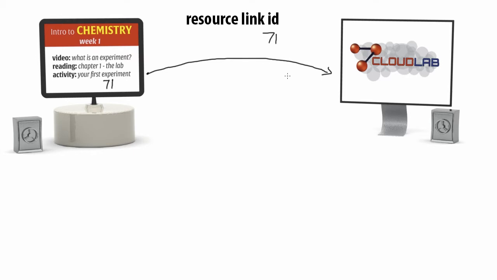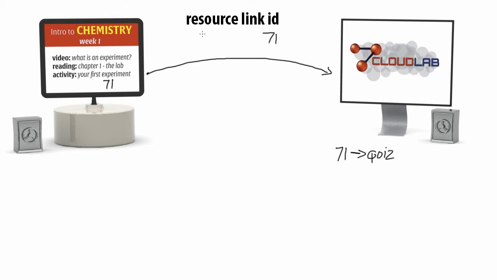Because I'm launching as an instructor, it will provide me with a way to bind 71 with something. So in that case, I would say 71, I'm going to pick a quiz. And from that point on, from a tool provider standpoint, every time you see the link ID 71 coming up, you say, okay, 71 maps to that quiz, therefore I can directly jump to that quiz. So that's the way you associate a link to a very specific activity inside the tool provider.